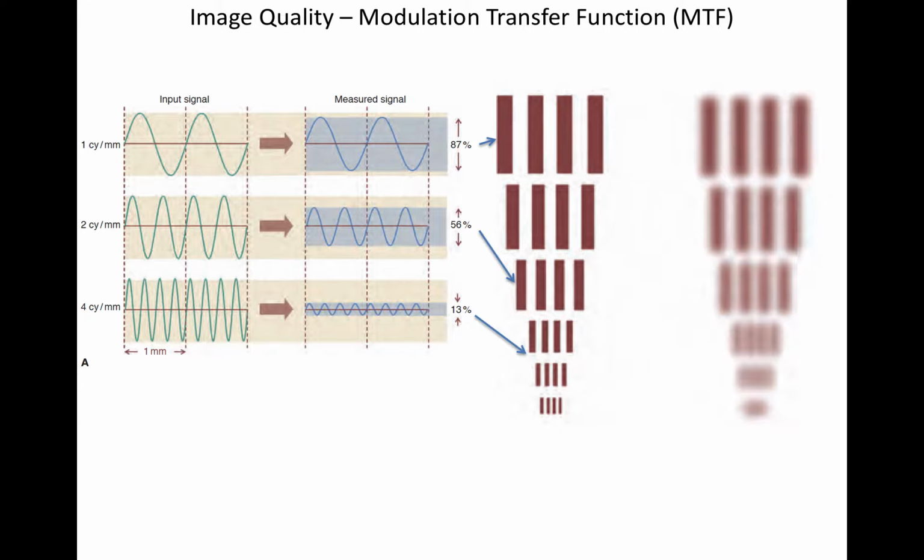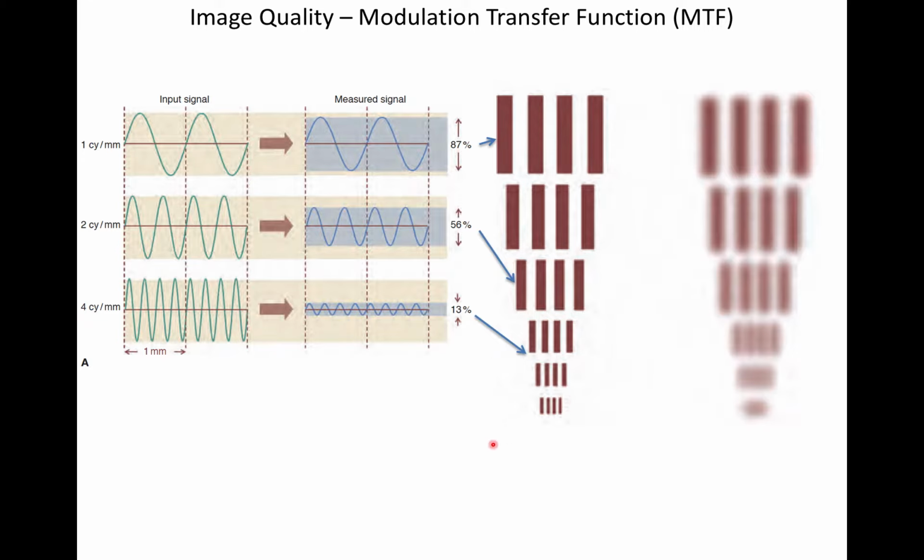This is usually described as a modulation transfer function that describes the behavior of the whole imaging system. Here's an example of a bar pattern, where we have a spatial frequency, in cycles per millimeter in the plane, that increases as I go farther down the pattern, such that I have more cycles per millimeter here than up here.